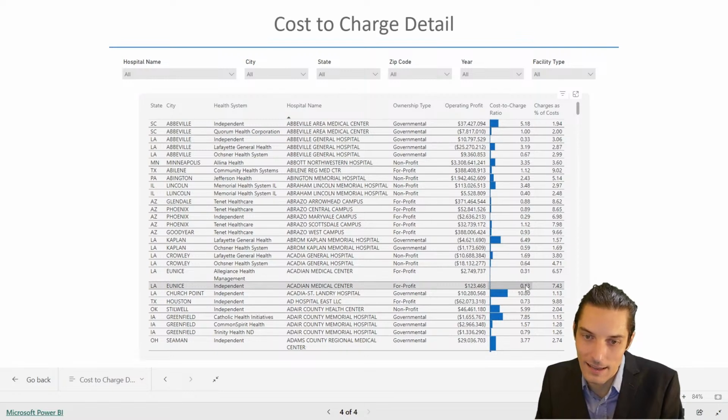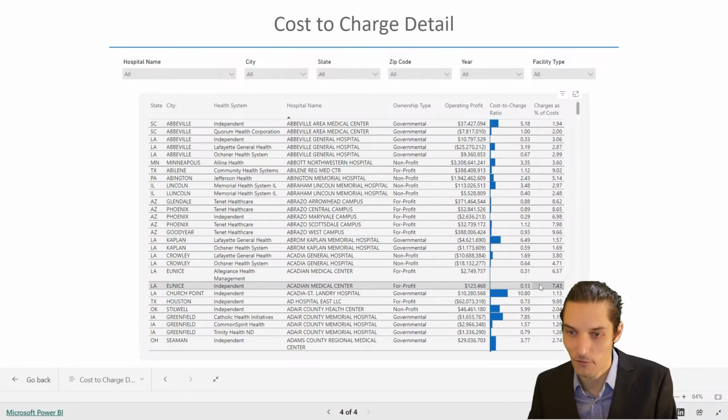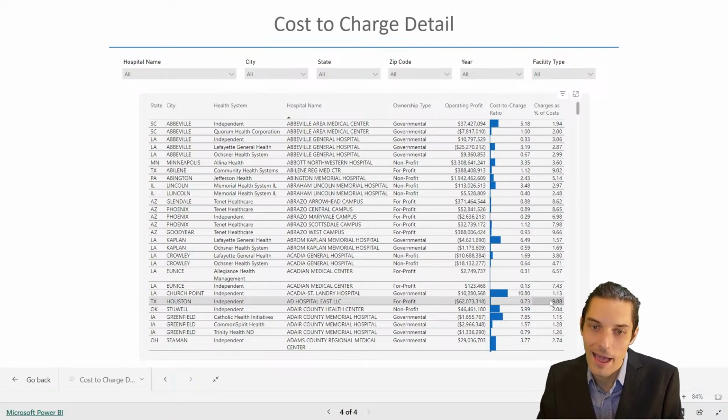To give you an example, in Louisiana, you have a hospital here that has a cost to charge ratio of 0.3, so your charges as a percentage of costs is 7 times what their costs are. They're charging 7 times more than what their costs are. Also for AD Hospital East, which is probably a very small organization, you can see it here.